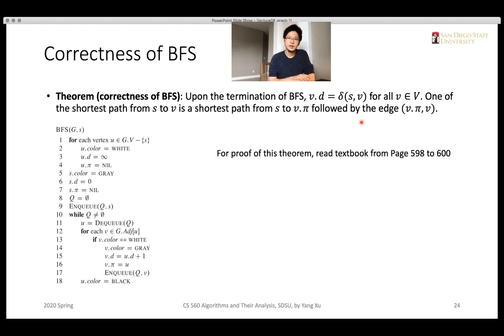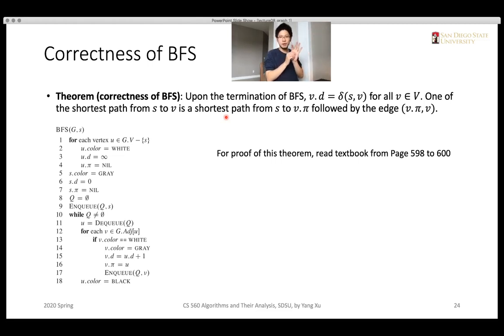Okay, and this is a very important property, because when the BFS is done, you can directly read the D properties from each node to know how far away that vertex is from the source vertex. Okay? And one of the shortest paths from S to V is a shortest path from S to the parent of V, followed by the edge that connects from the parent of V to V. So it is an incremental relationship.